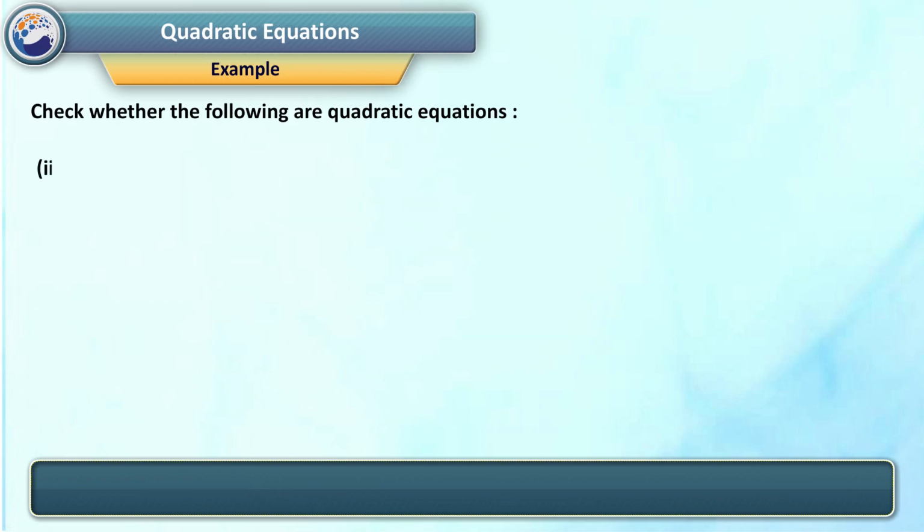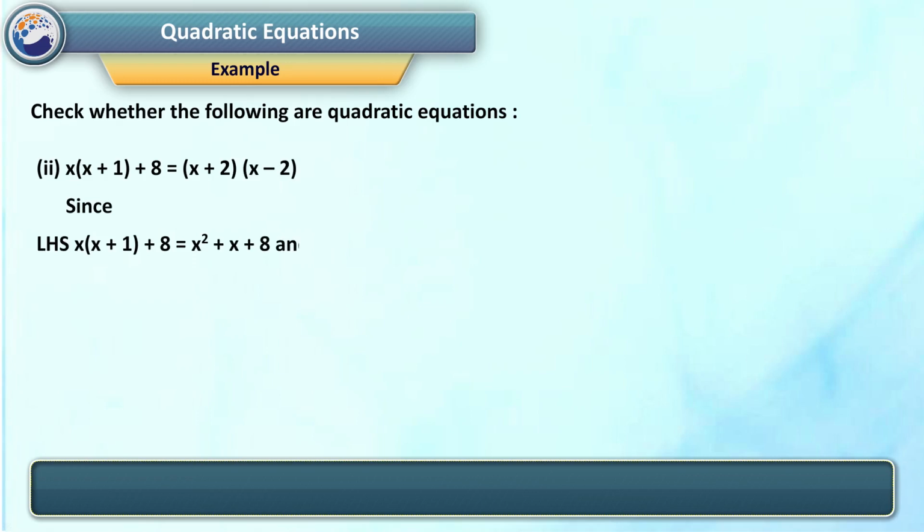2. x(x + 1) + 8 = (x + 2)(x - 2). In the LHS, x(x + 1) + 8 = x² + x + 8, and in the RHS, (x + 2)(x - 2) = x² - 4.